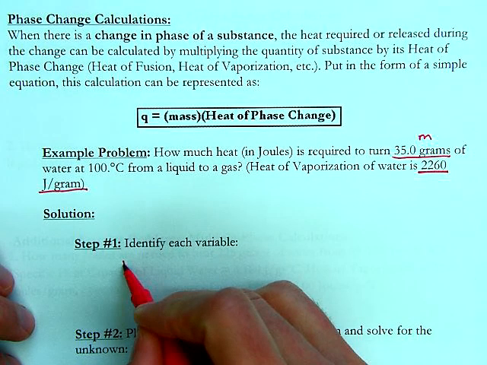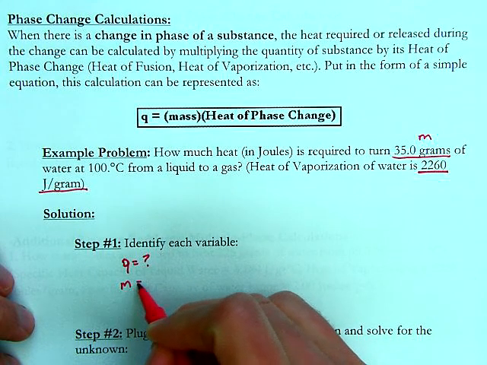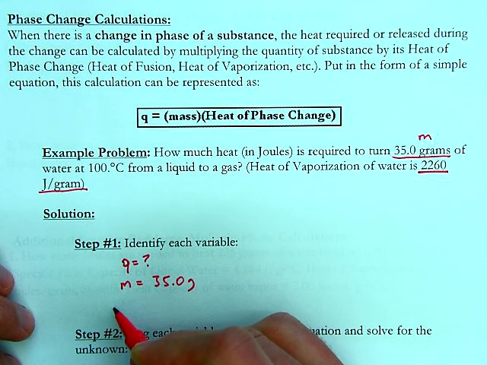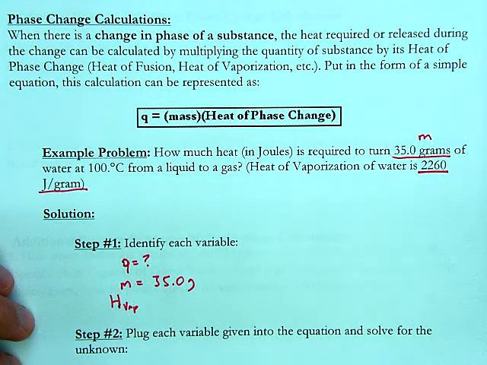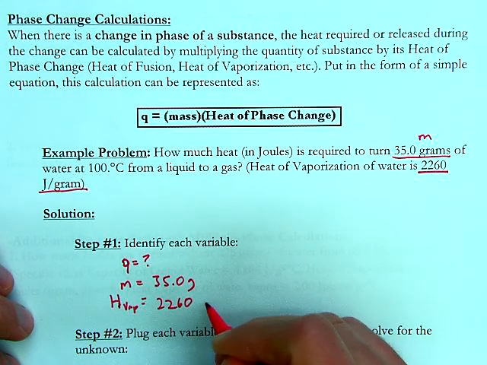So Q is our unknown, mass is 35 grams, and I'm going to write H vape, so that's just heat of vaporization, equals 2260 joules per gram.